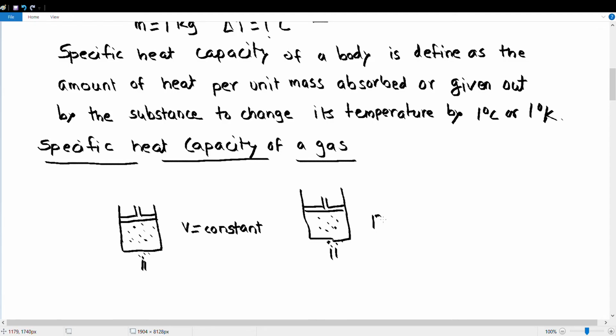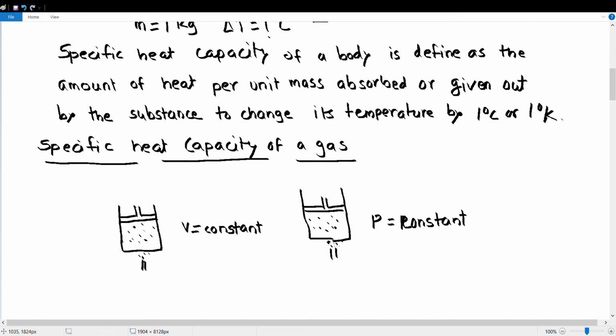In this case the pressure is constant. Which thing is constant? The pressure of the gas is constant. That pressure should be equal to atmospheric pressure. The pressure inside this container is equal to the pressure outside the container, and that should be the atmospheric pressure.